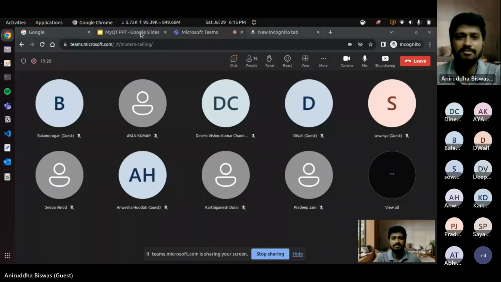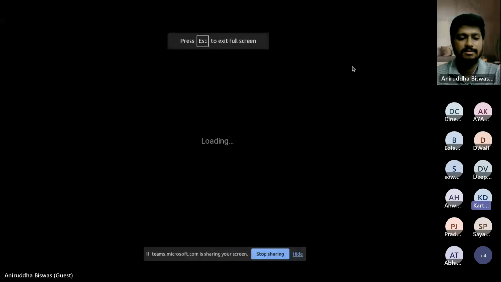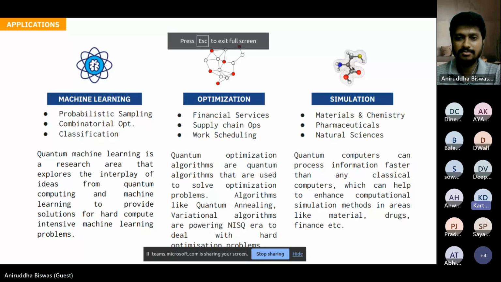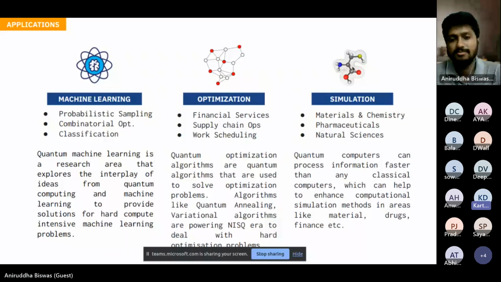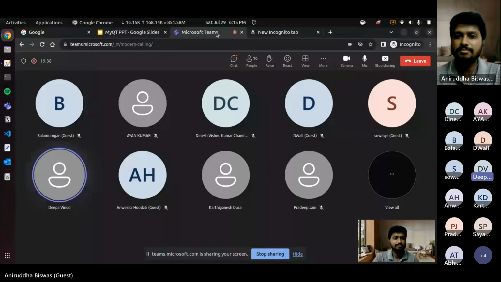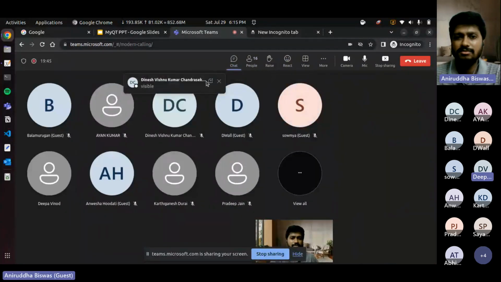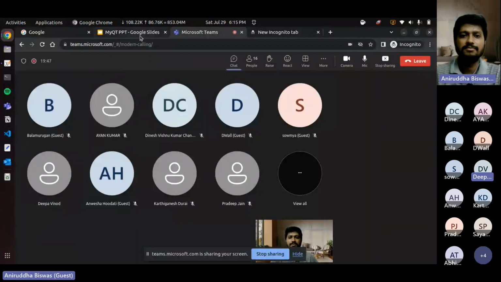Is it visible? Yes, it is visible to me. What about others? Please raise your hand to confirm or put a message in the chat window. Yeah, thank you. Is it visible to everyone? Yes, it's visible.